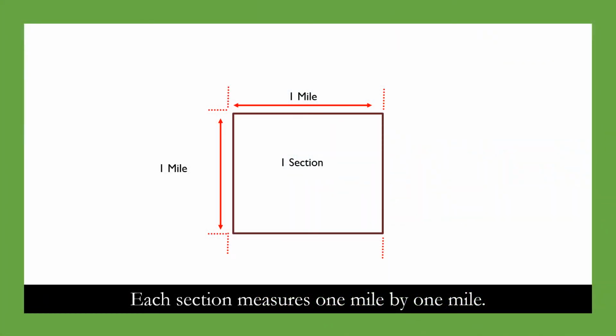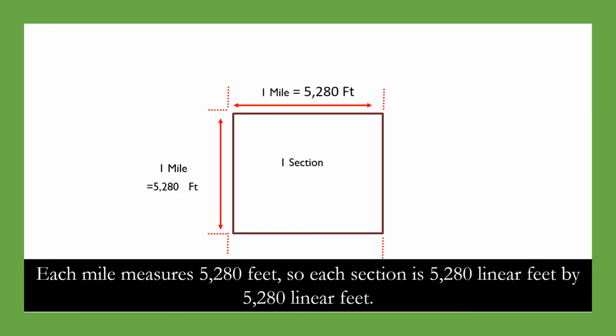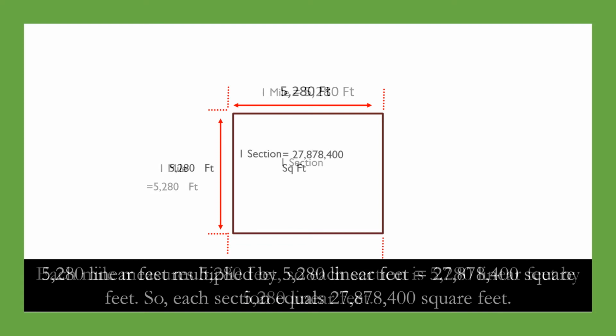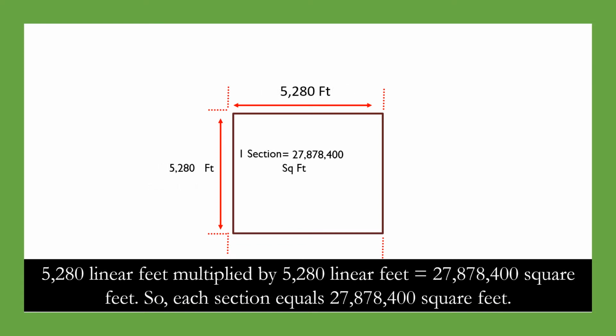Each section measures 1 mile by 1 mile. Each mile measures 5,280 feet, so each section is 5,280 linear feet by 5,280 linear feet. 5,280 linear feet multiplied by 5,280 linear feet equals 27,878,400 square feet.